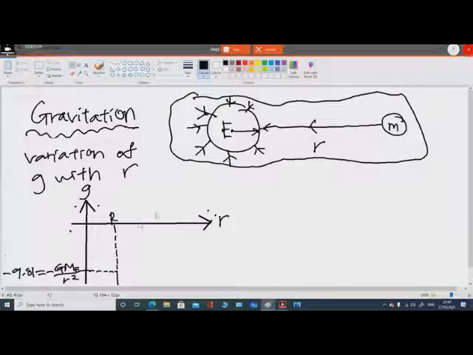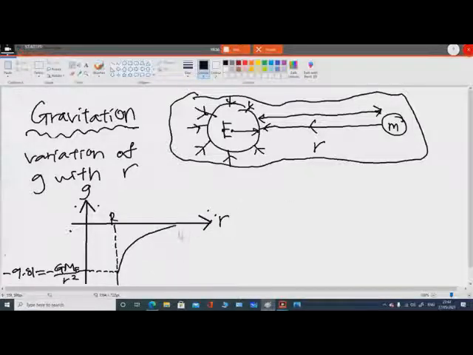When the object is outside the Earth, from the surface of the Earth up to the object, the gravitational field strength always varies. Let me draw this curve like this.